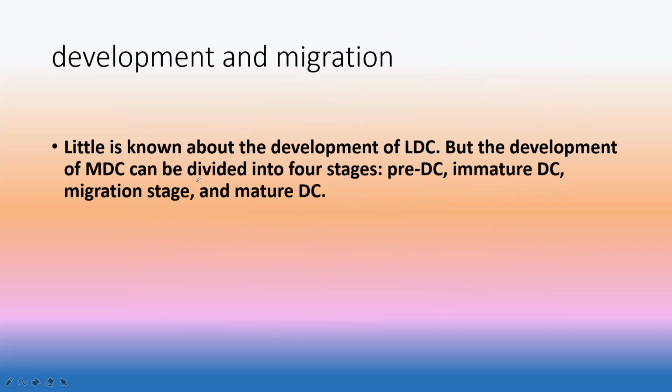And what about the migration here? There are two categories of dendritic cell: one lymphoid dendritic cell, and one that comes from the myeloid line. Lymphoid dendritic cells are already developed; they don't need further development here.